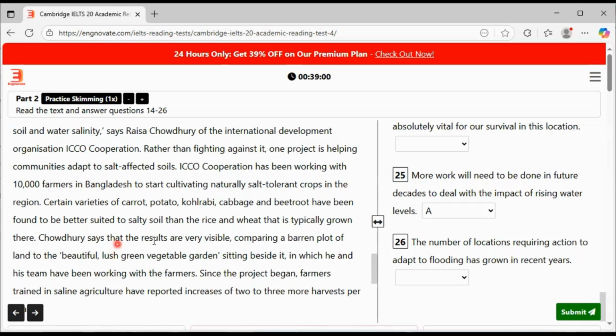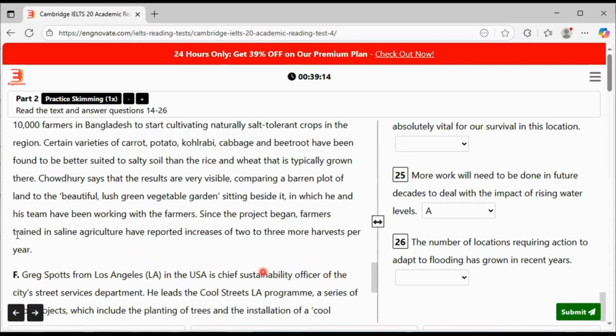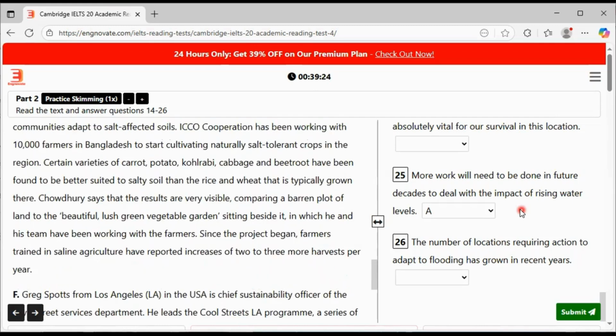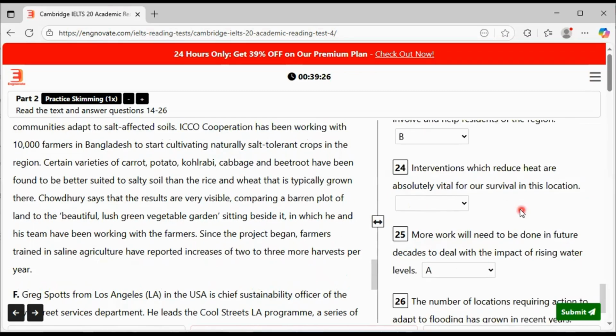Chowdhury says that the results are very visible, comparing the barren plot of land to the beautiful lush green vegetable garden sitting beside it, in which he and his team have been working with the farmers. Since the project began, farmers trained in saline agriculture have reported increases of 2 to 3 more harvests per year. That's not here. Reduce it is not there.